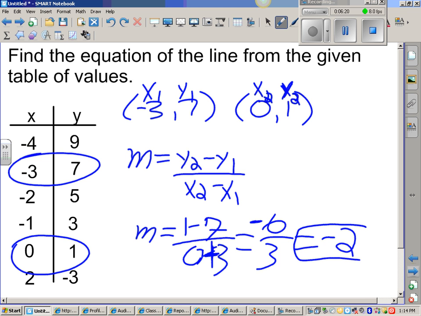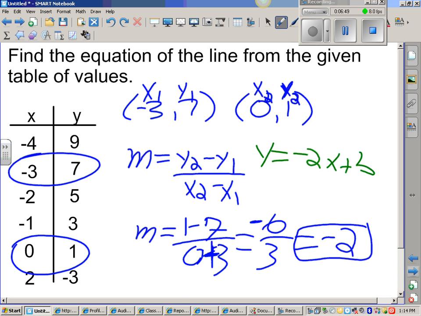Now you have to find b, which stands for the y-intercept. We found slope, now we're looking for the y-intercept. Change colors for me because it's going to get a little confusing. So now how do we find the y-intercept? y equals negative 2x plus b.